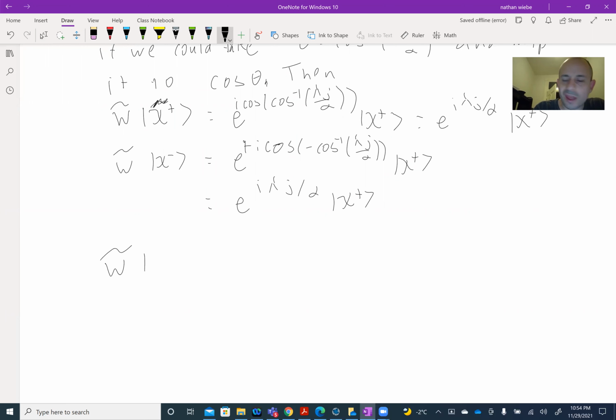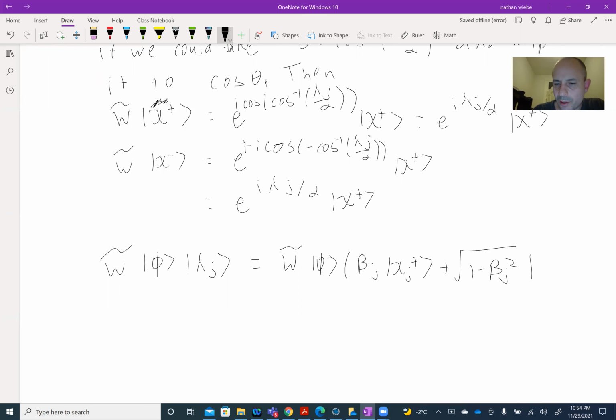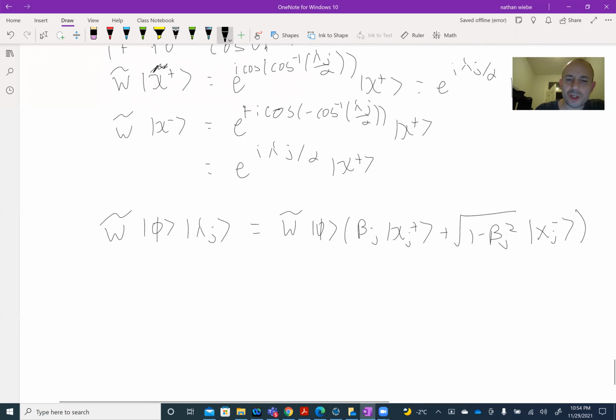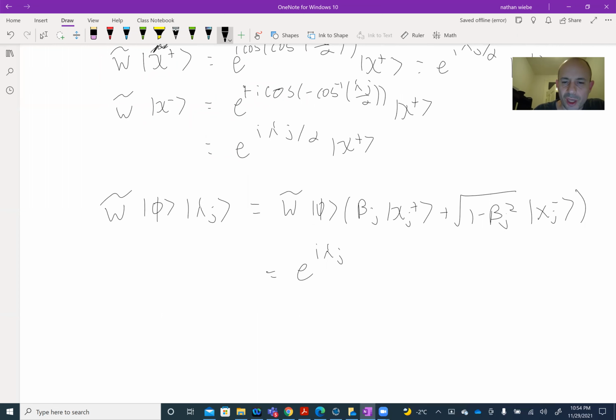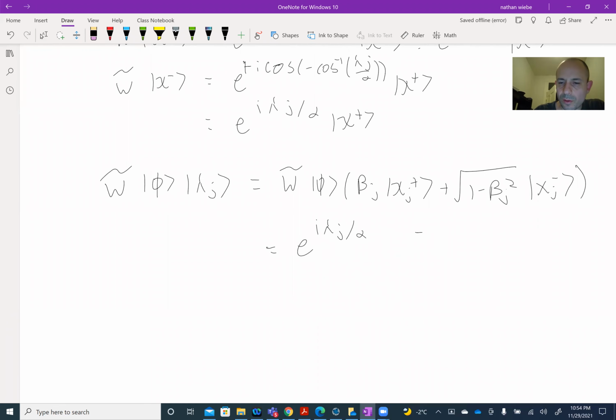that W tilde acting on the state phi lambda sub j would be equal to W tilde acting on the state phi, beta sub j chi j plus square root 1 minus beta j squared chi j minus, which is actually just equal to e to the i lambda j over alpha times beta j chi j plus square root 1 minus beta j squared chi j minus, because we just argued that both of these vectors have exactly the same eigenvalue now that they've been transformed.